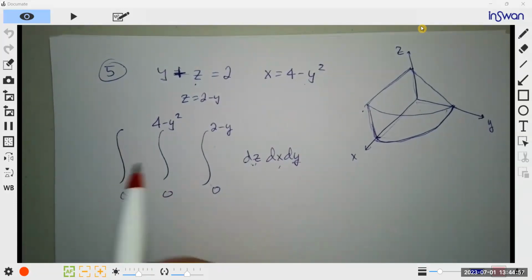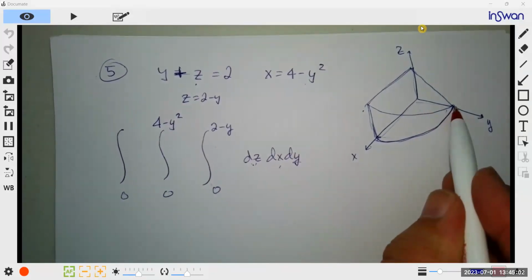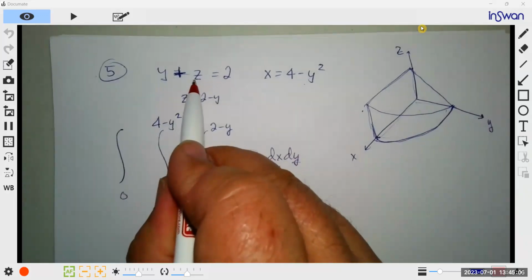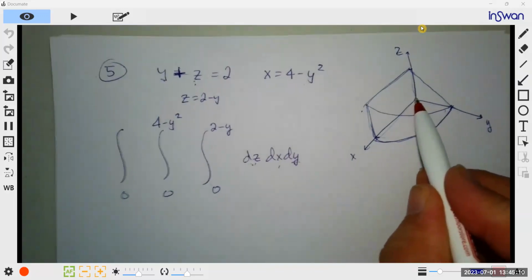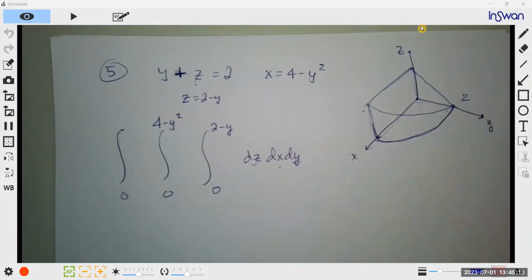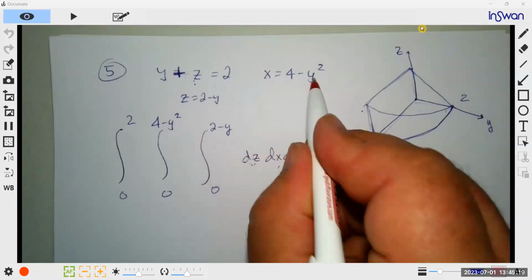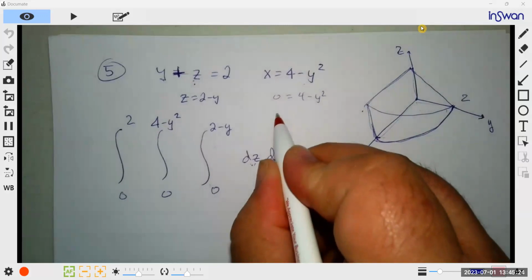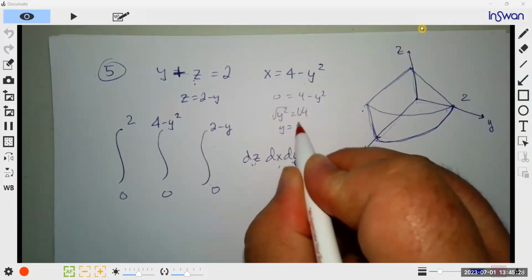Now this last one, what are its bounds for y? How far does it go? Well, when z is 0, x goes to 2. Likewise, if x is 0, y squared equals 4, y equals plus or minus 2.